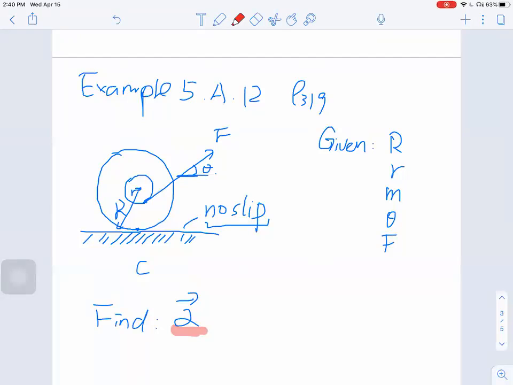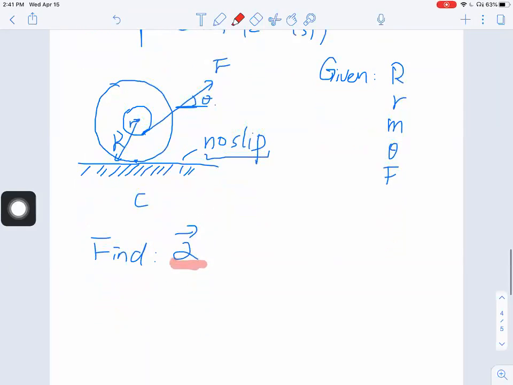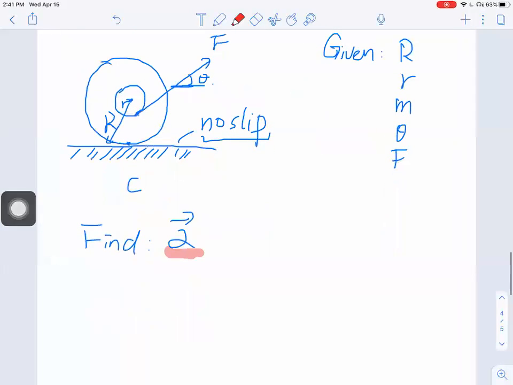The only difference for this problem is that if you count how many rigid bodies you have, you'll find we only have one, which means you just need one free body diagram, and you don't have to consider other masses. So that's probably easier than the last example.